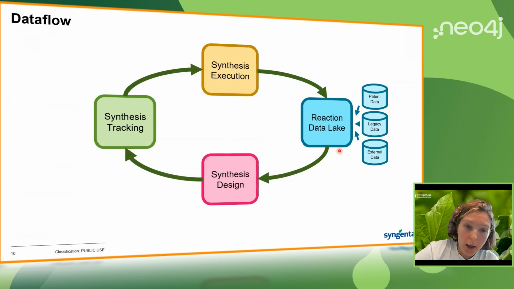So at every step, when the data is entered, there is a very strict validation, which is probably different from how chemists used to record their data, and they might see this as a downgrade.